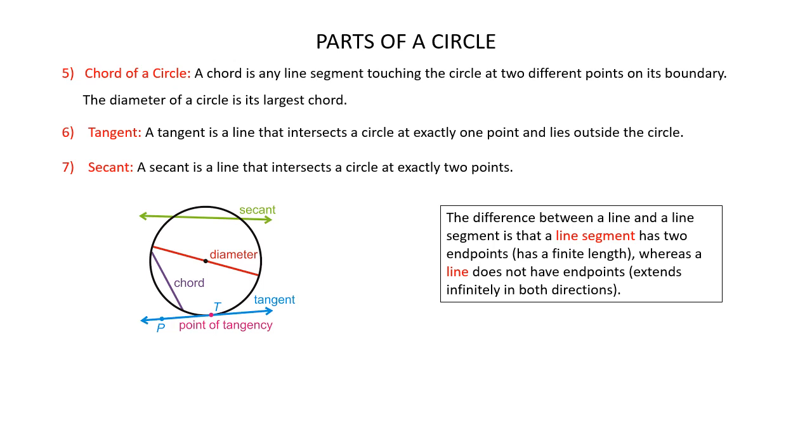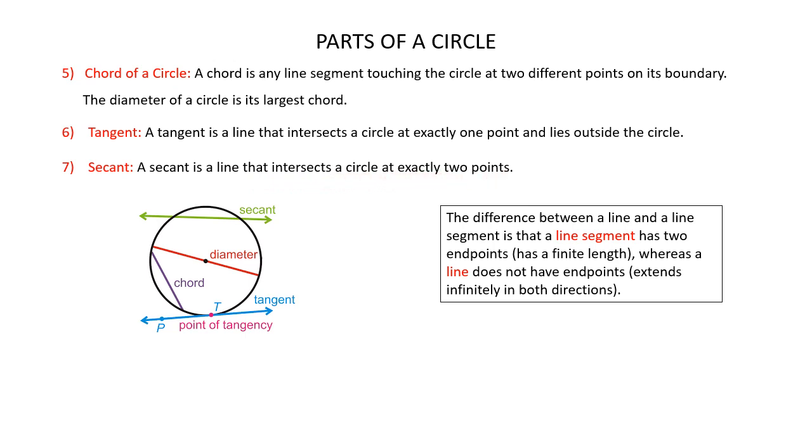Tangent. A tangent is a line that intersects a circle at exactly one point and lies outside the circle. Now as you can see here, this line is the tangent. So clearly you can see that the tangent touches the circle at exactly one point and the tangent lies outside the circle. Secant. A secant is a line that intersects a circle at exactly 2 points.